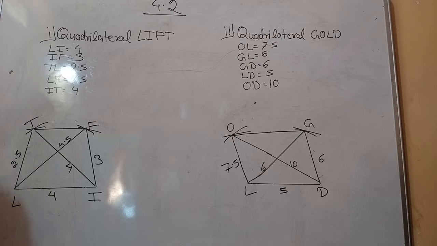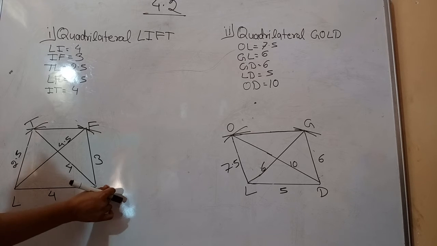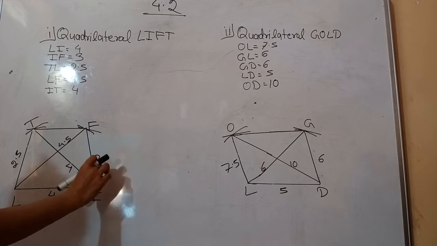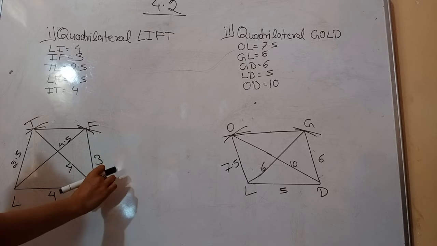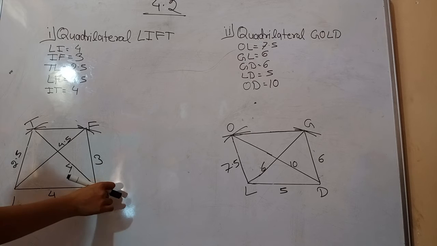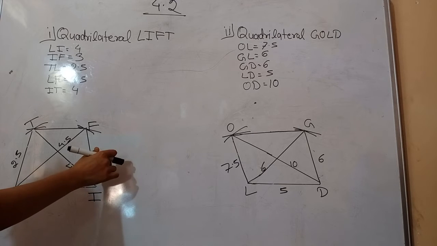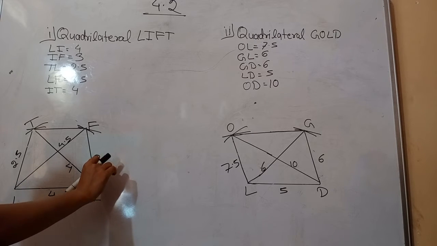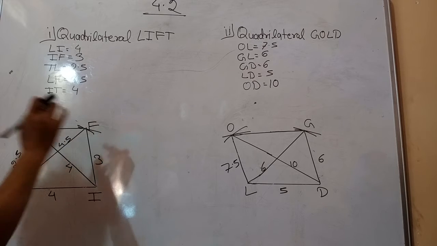After that, with I as the center, construct radius 3 centimeter and draw an arc. Put your divider on I and cut one arc like this.